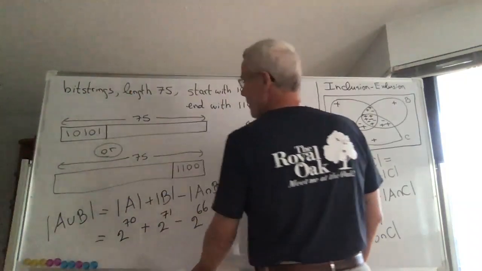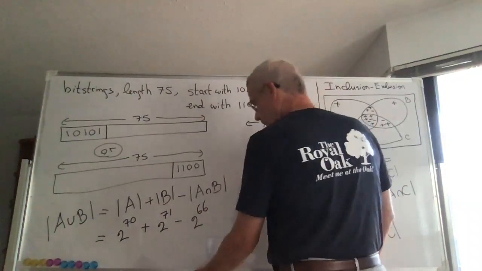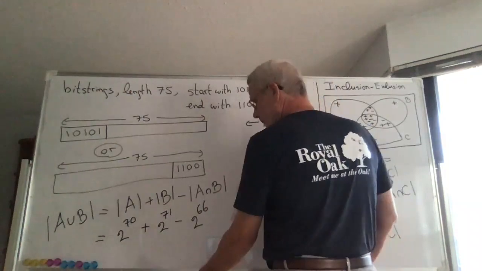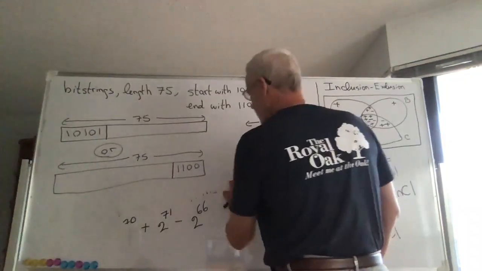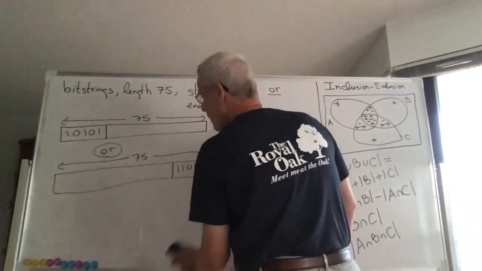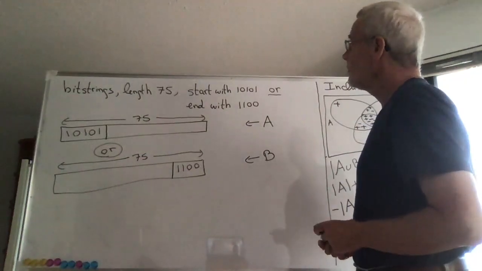Okay, so let's look at a simple example. So let's extend. We are again looking at bit strings of length 75.